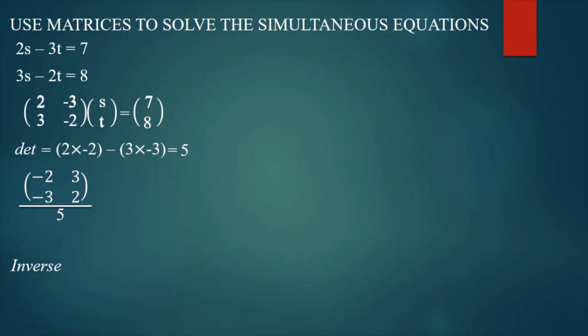When you do this, what you'll end up with is the inverse. So when you take the matrix divided by the determinant, you are going to get the inverse. And in our case here, the inverse is -2 over 5, 3 over 5, -3 over 5, and 2 over 5.